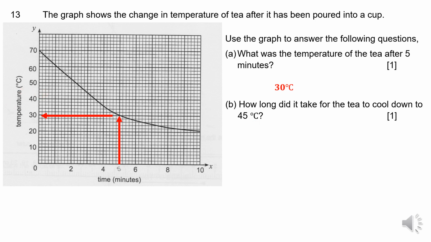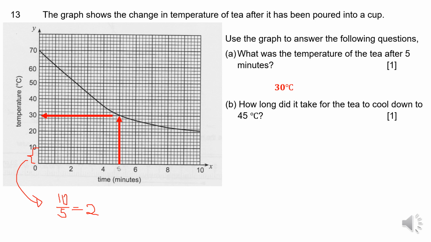Now, one of the things that you need to do here, and this was a problem, is you need to find your scale. What I mean by that is you have 10 divided by 5 little blocks if you count them. When you divide 10 by 5 blocks, you get 2. So each little square represents 2 degrees Celsius.